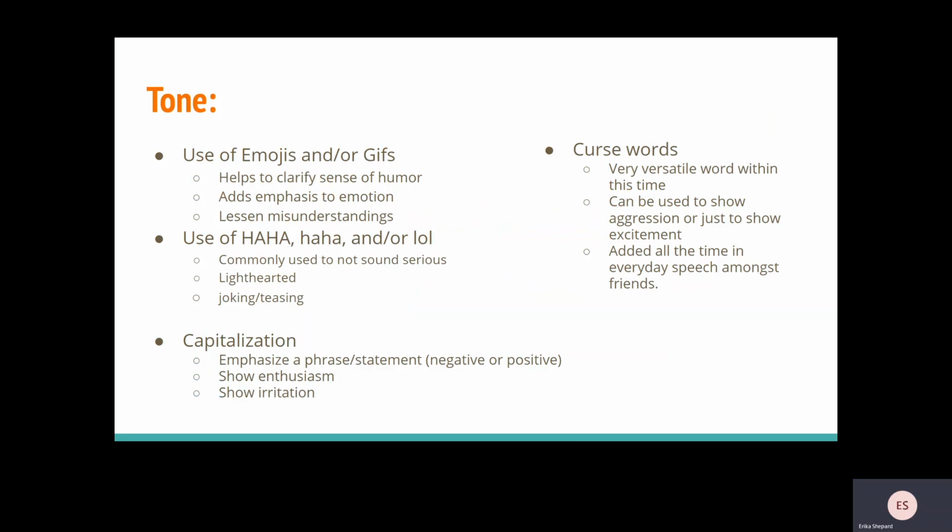Let's start with tone. I think this is a huge one, and one that can be highly misunderstood within a text-for-text conversation. You don't have the visual cues of body language, facial structure, all that kind of stuff when you get in an auditory conversation face-to-face with somebody.